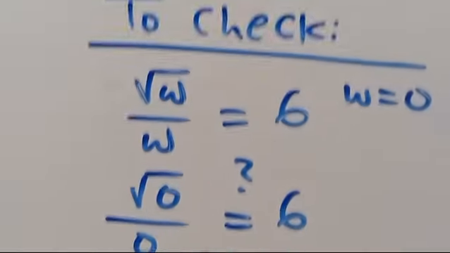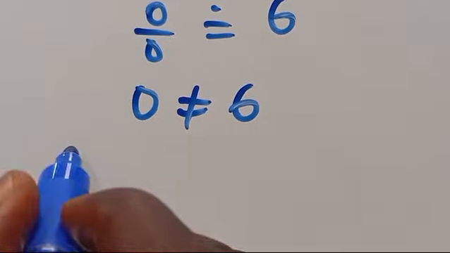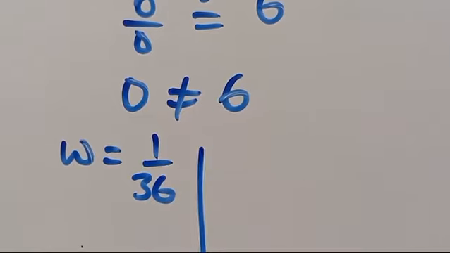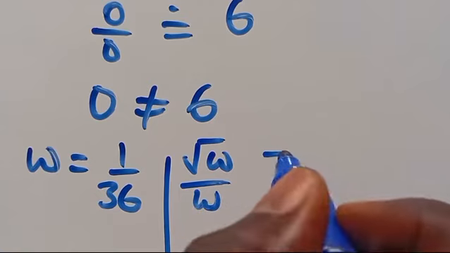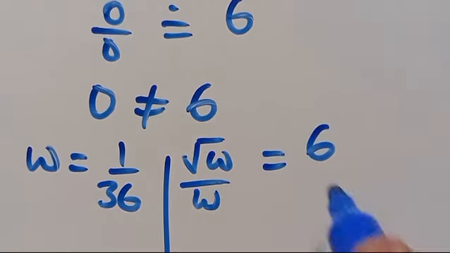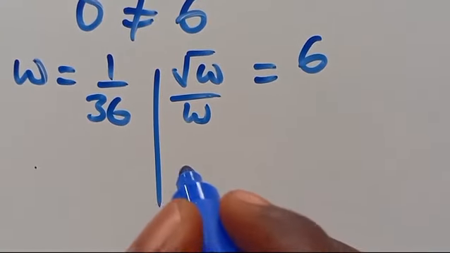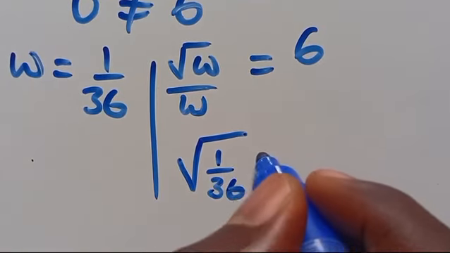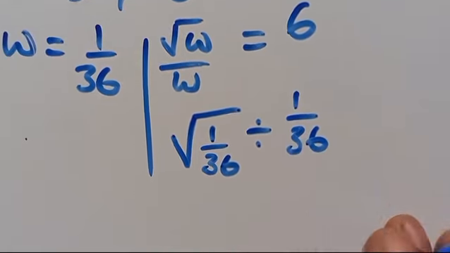Let's verify this. So we have when W equals 1 over 36, then we have root of W over W is going to give us 6. From here, we have root of 1 over 36 divided by 1 over 36.